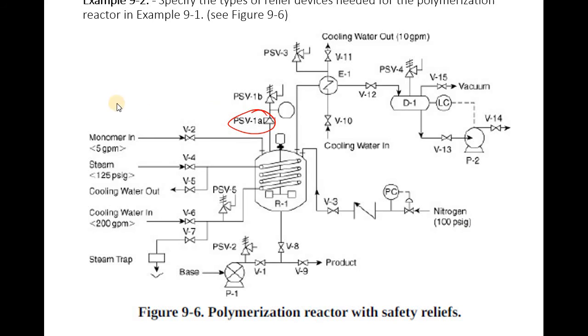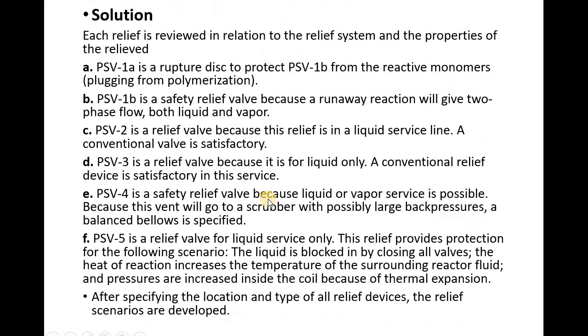That is the rupture disc, which is in series in line with the spring one. Why did we put it here? Because here is the main pressure, the reactive material that we have in the reactor. So PSV1A is the rupture disc to protect PSV1B from reactive monomers.